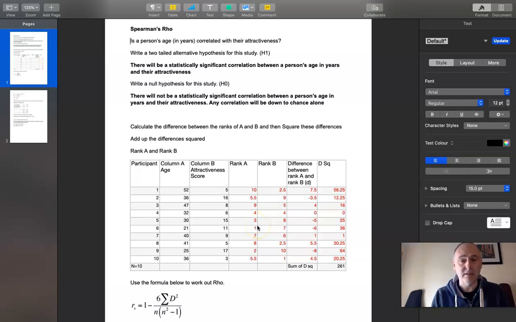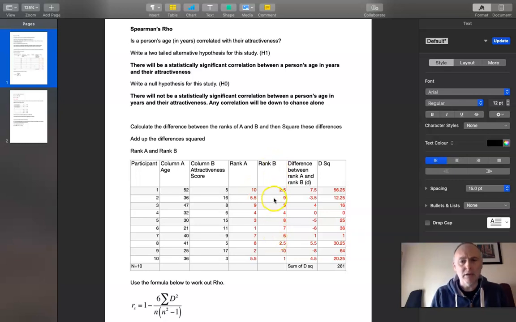So add 5 and 6 together, divide it by 2. That will give you 5.5 and 5.5. Next thing we do is to say, well, we can't use 6 now because that's already been used. The next person up is 40. They're ranked 7th. Then we go 8, 9, 10. Hope that makes sense.